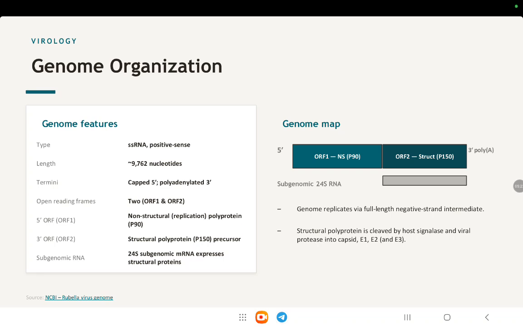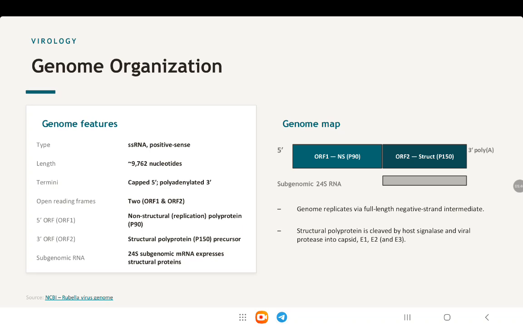Now look at the genome organization of the rubella. Rubella virus has a single-strand positive-sense RNA genome, which means its RNA can directly act as a messenger RNA and be translated by the host cell immediately after infection.